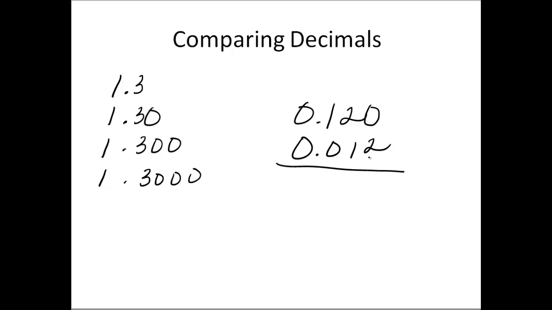It has the same number of place values. Again, adding that 0 doesn't change the value of the decimal number. So now we can look and see which is lesser and which is greater. If we look at our place values, we have a 1 in the 10th place value here, and we have a 0 in the 10th place value here. So what that means is that this value is greater than this value.